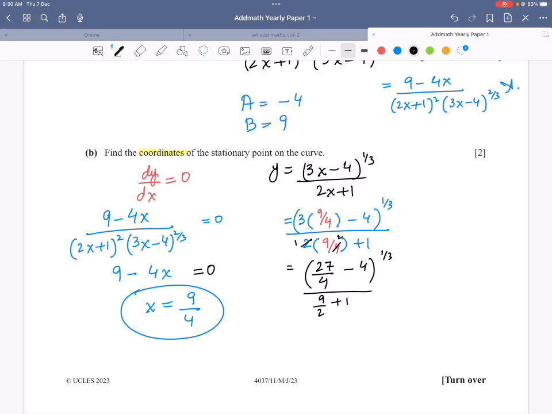So that is equal to cube root of 2 divided by cube root of 11. In decimal, it is equal to 0.255, right? So the coordinates are when x is 9 over 4, and the decimal value of 9 over 4 is 2.25. So when x is 2.25, y is 0.255. That is the coordinate of the turning point asked in the question.